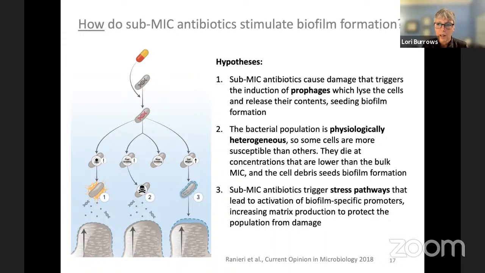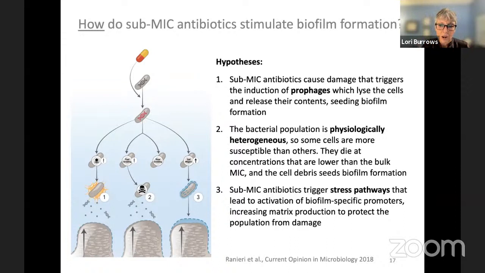Because I told you lots of different kinds of antibiotics with lots of different targets cause the same thing to happen, this increase in biofilm. So that suggested to us that it's not a target specific phenomenon, right? So it's not just that cell wall damage causes more biofilm or that DNA damage causes more biofilm, but rather that it's probably connected to stress pathways.